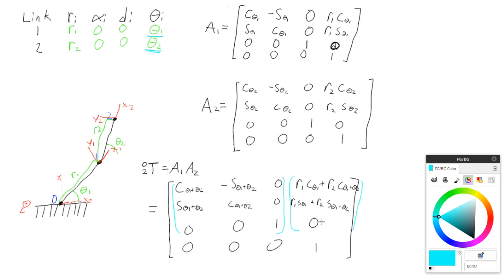And also, no surprise, we don't have anything in the z. There's no translation, meaning that we can't go up on the z here, and we're also not going up on the z here at all. So I would consider this our finished final form to figure out where x2, y2 is relative to 0 as a function of the arm lengths and the angles at each joint.